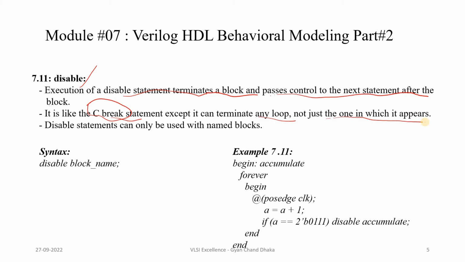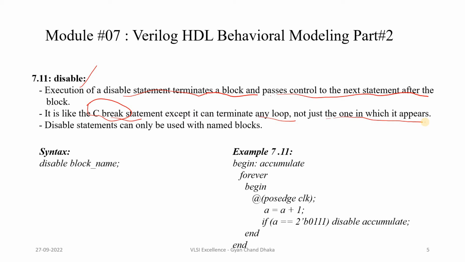The break statement can be used only inside that loop, and it can only come out of that particular loop. But unlike C, in Verilog HDL, suppose we are in one particular block, and in that block we want to disable another block on meeting certain conditions. By using the disable keyword, this can be done in Verilog HDL.